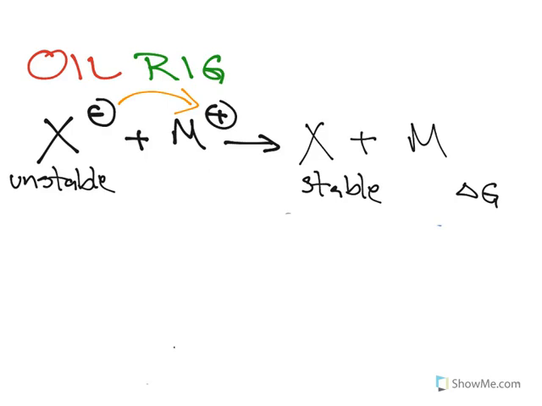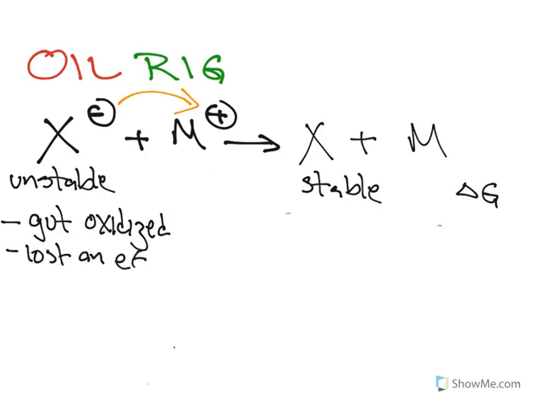Now, let's put some more terminology to this. In this case, what happened to X? X got oxidized, correct? It got oxidized because, OIL RIG, it lost an electron. And conversely, what happened to M? We'll change colors here. M got reduced, correct?